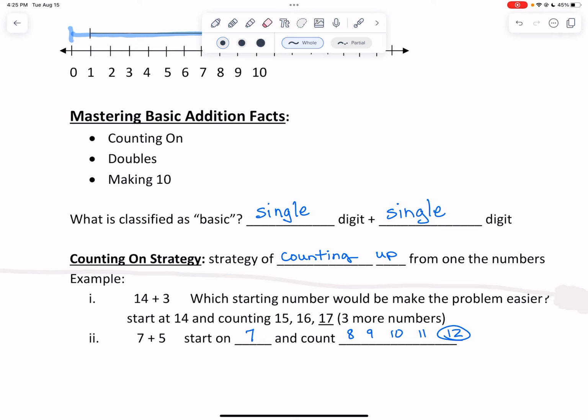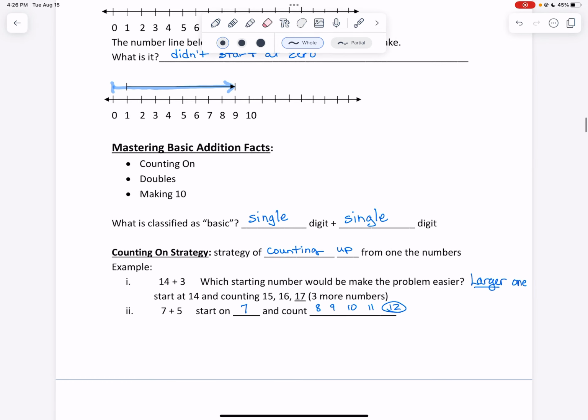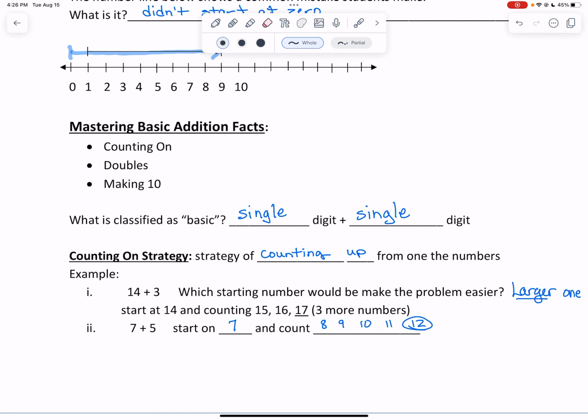Now, which is going to be easier to start on? Is it going to be easier to start on the 3 and count up 14? Or is it going to be easier to start on 14 and count up 3? Okay, it's going to be easier to start with the larger number, okay? So when we do 7 plus 5, we're going to start on 7, and then we're going to count up 5.